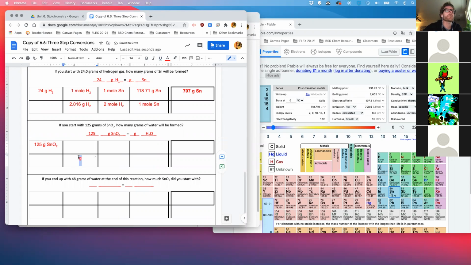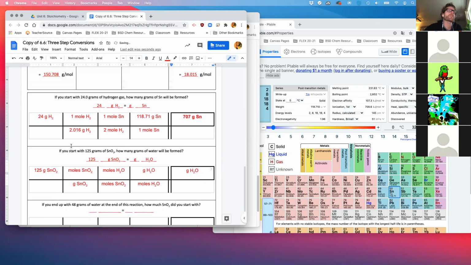Grams of SnO2 right here, and moles of SnO2 right here. Once I have moles of SnO2, I can get it into moles of H2O, and then once I have moles of H2O, I can get it into grams of H2O, and that's what I want right over here.